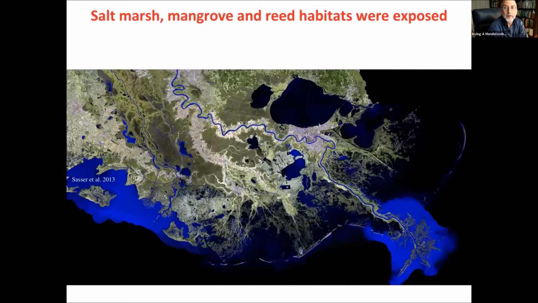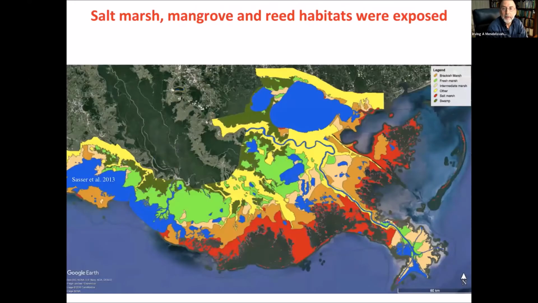A number of different wetland types were exposed to the oil. So for example, onto the Sasser et al. vegetation map of 2013 for the Delta Plain of Louisiana, I superimpose oiled shorelines, which are these white lines that you see. You'll notice that salt marshes, the red polygons, were most affected.